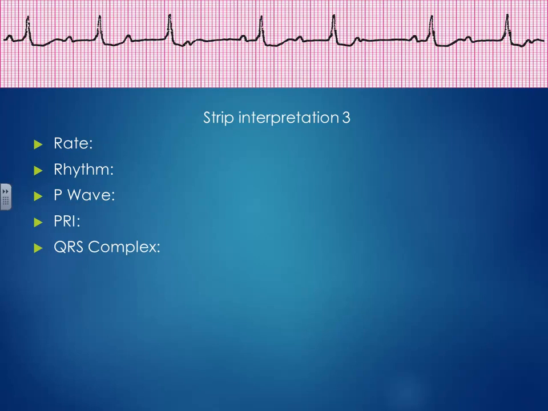Rhythm, regular or irregular? All right. What about your P wave? It's there. Rounded and upright. So you do see a P wave. The PRI varies.